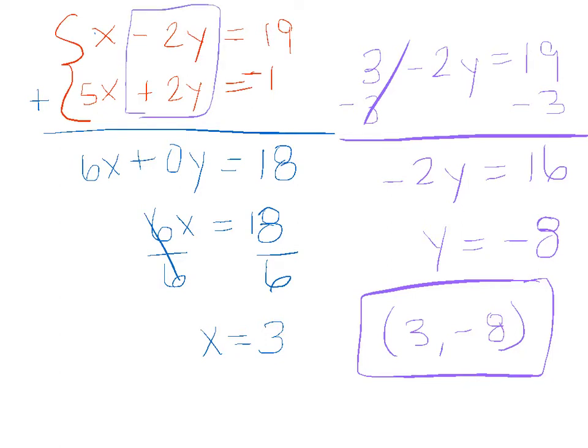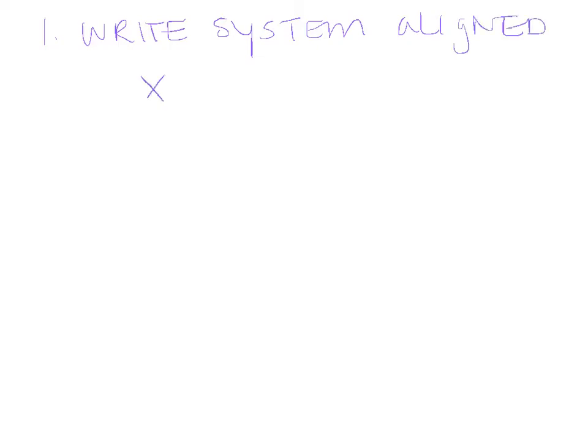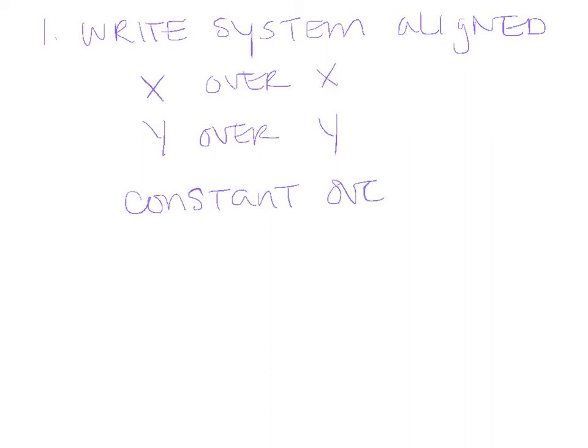So what we're going to do is list out some steps in the process. Step 1, make sure that your system is aligned. Meaning x's over the x's, y's over y's, and constants over constants.